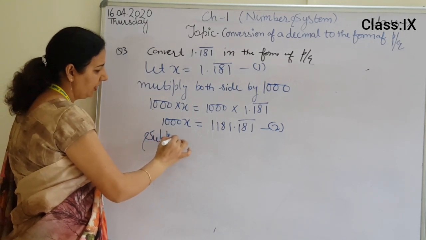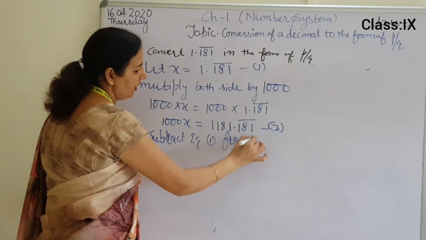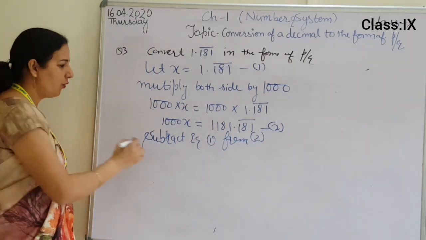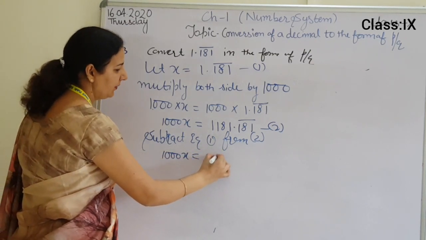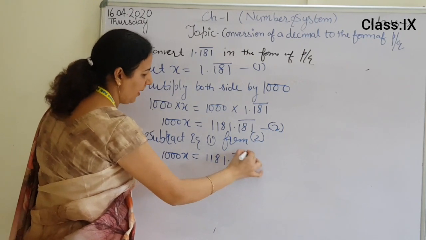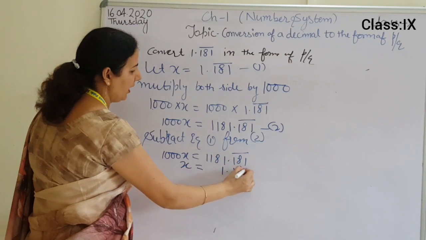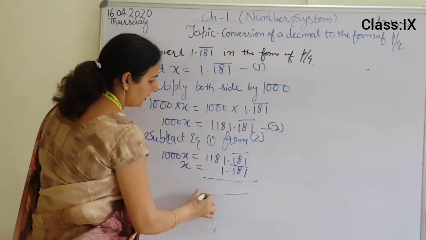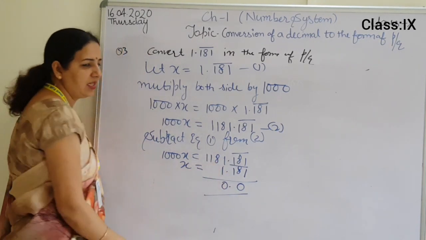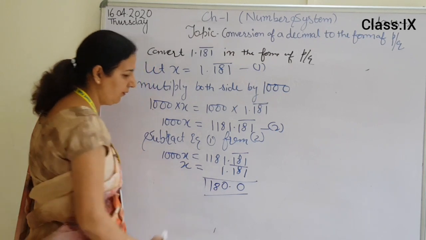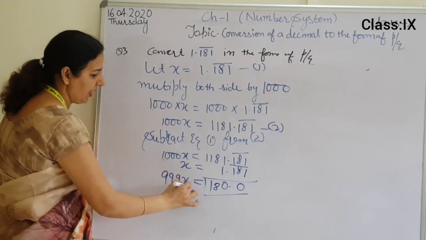Subtract equation number 1 from equation number 2. First we will write equation number 2, that is 1181.181 bar. Then write equation number 1, 1.181 bar. Same number minus same number, 0. 1 minus 1, 0. Then 8, 1, 1. 1000x minus 1x is 999x.